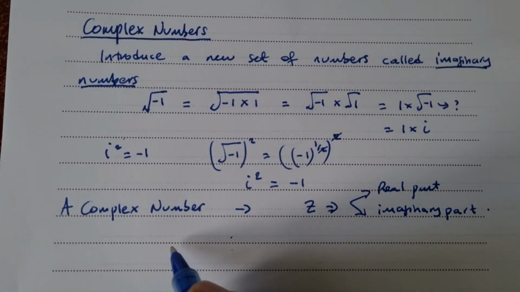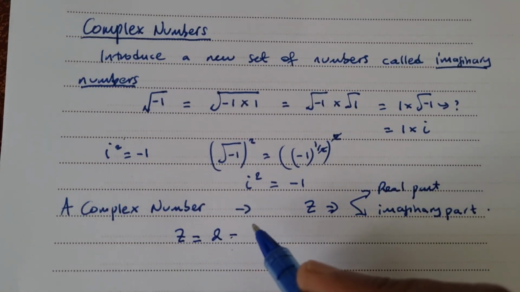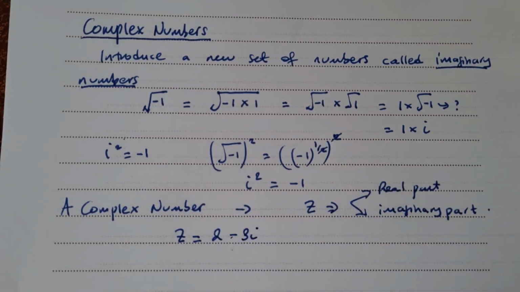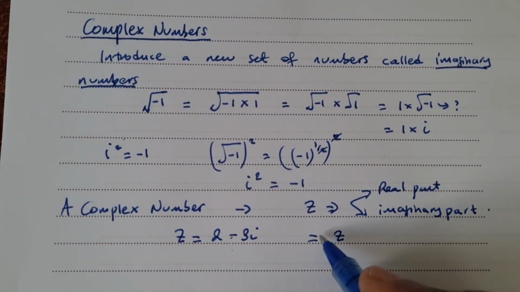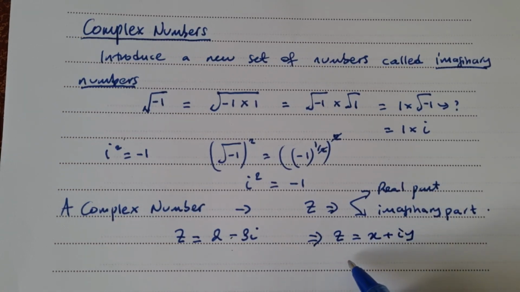So we could say that z is equal to, let's say, 2 minus 3i. Now that's an example of a complex number. So complex numbers are of the form z is equal to x plus iy, or you could also say z is equal to a plus bi.